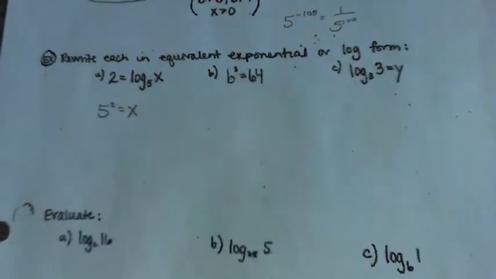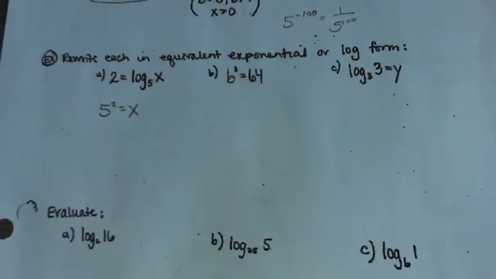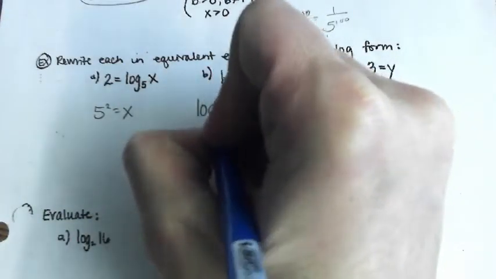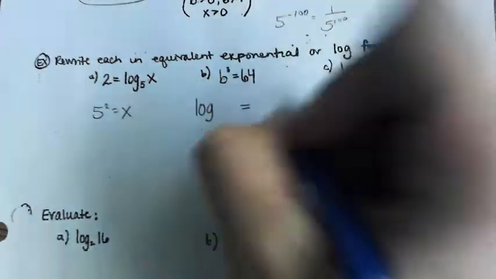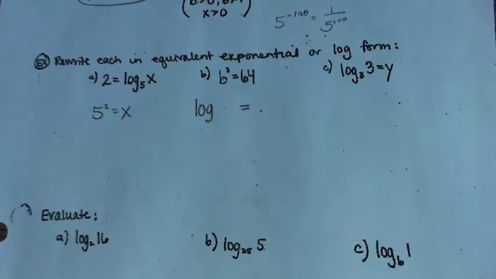In part B, sorry, part B. Morgan, what log would this turn into? Log base what of what equals what? There's only a log on one side.